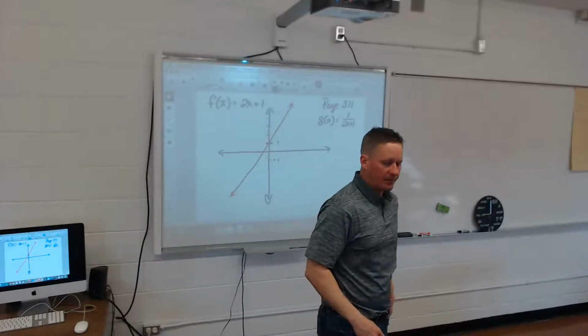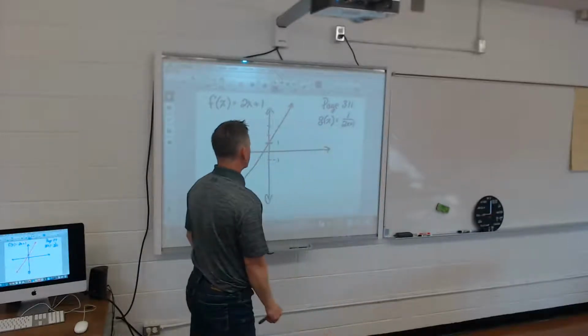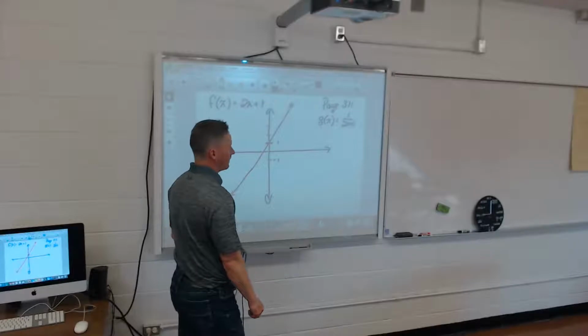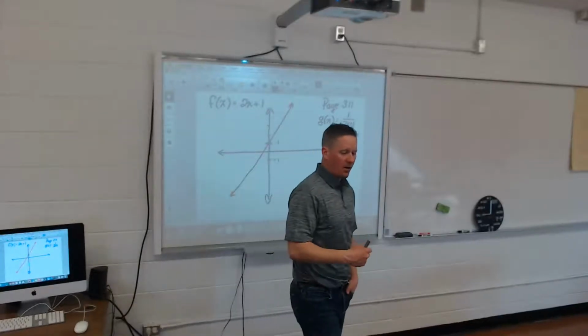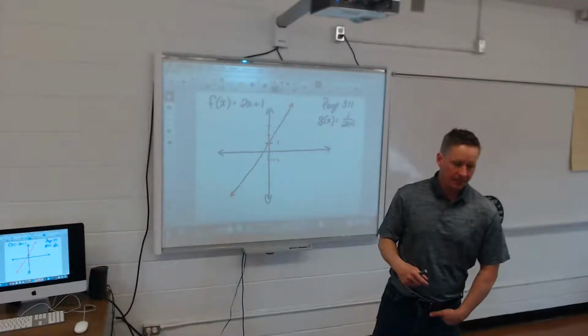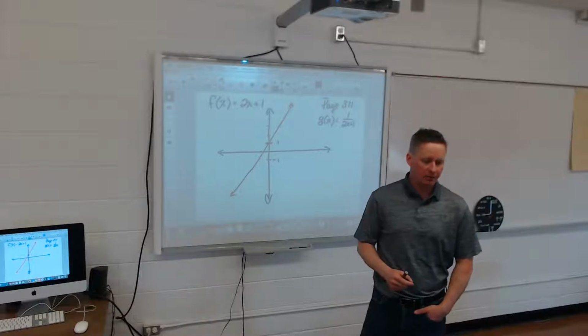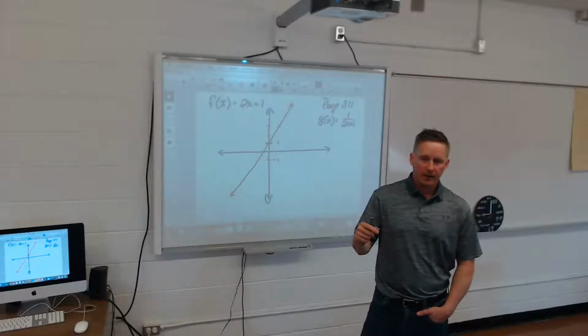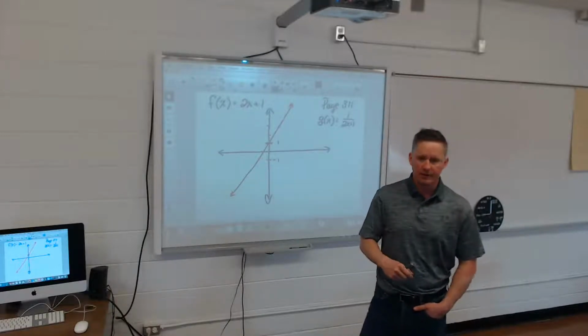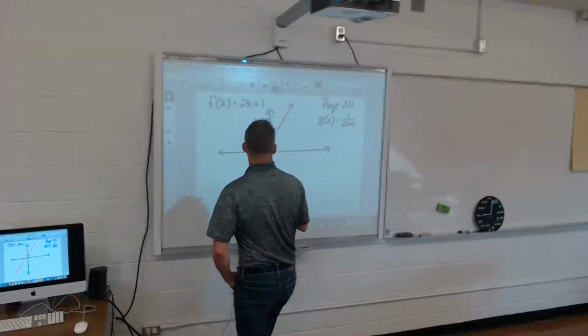Now I need the reciprocal of that graph. So the first thing that I do with the reciprocal of that graph is I find out where y is equal to 0, and I draw an asymptote in there because 1 over 0 is an undefined value. So that occurs right here.